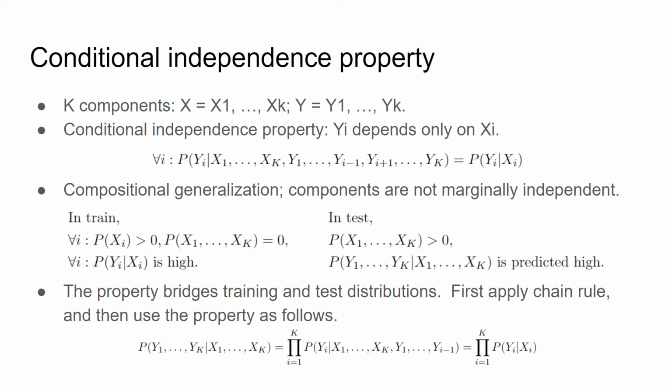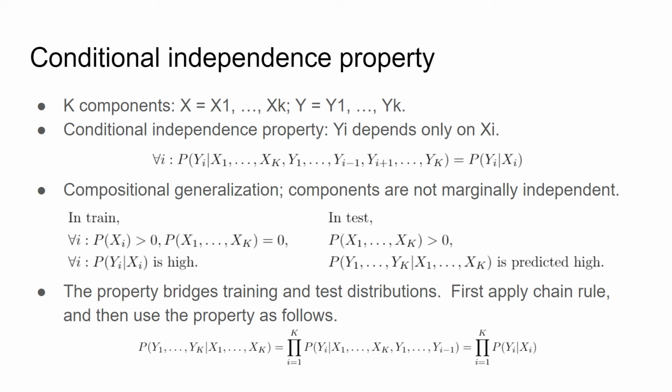We consider two representations x and y. They both have k components, and each pair of components are aligned. Conditional independence property can be summarized as yi depends only on xi and written in probability. We then formalize compositional generalization. We consider a particular test sample with values of x and y.